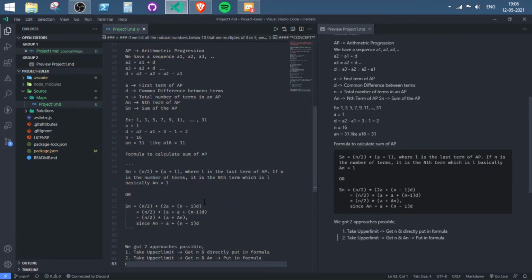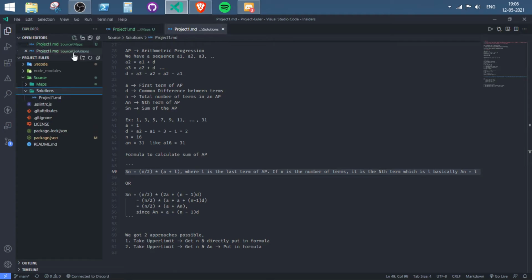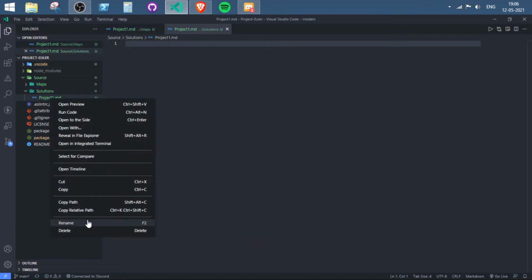So yeah, that is the approaches which we are gonna follow. Now let's just close the readme. You can already pretty much understand what we are gonna do. Next, in the solutions folder, we are gonna make a new file, project1.ts, sorry, not md.